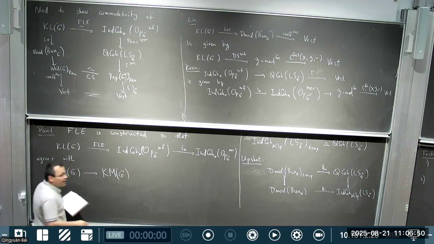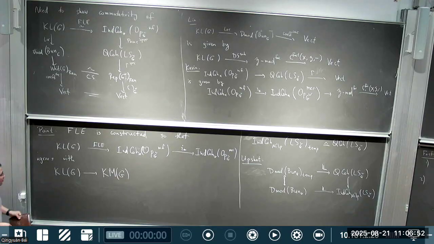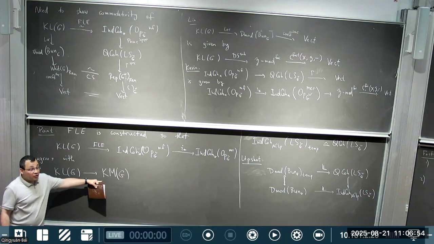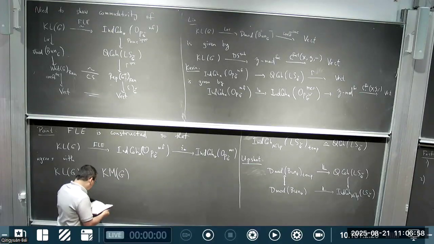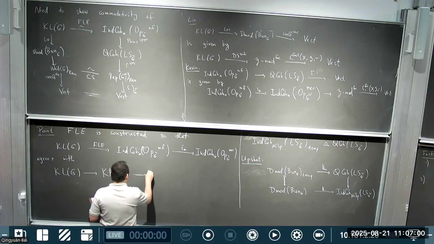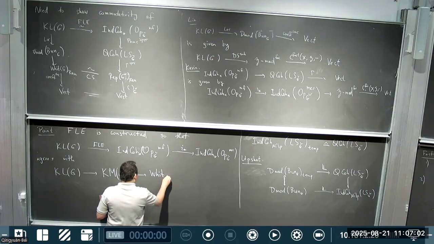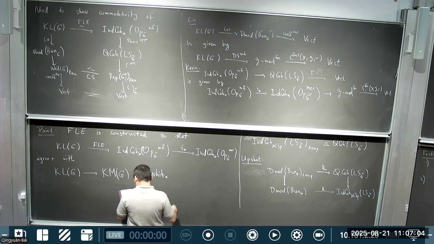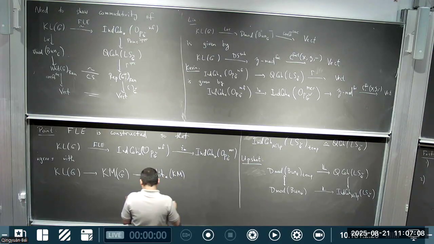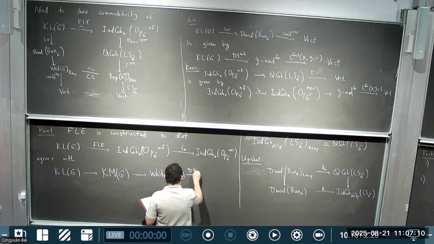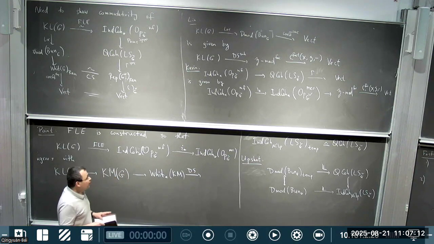We're going to use the notation from Dennis's talk. When you first forget the integrality with respect to G(O) and just think of it inside of all of Kac-Moody, this maps to Kac-Moody.